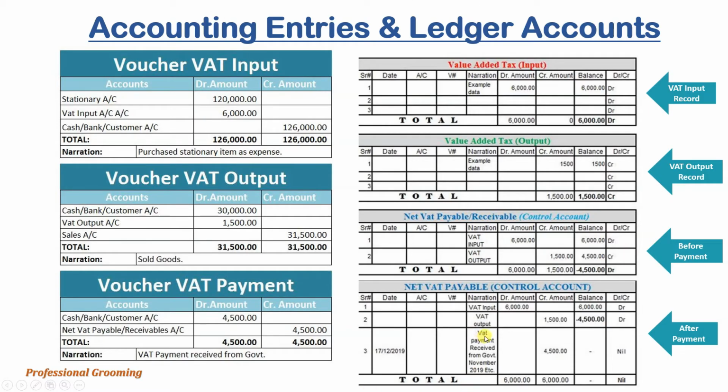If we need to record the receipt for this refund, cash or bank receipt from the government, the net VAT payable receivable account will be credited by 4,500. As you can see here, in our net VAT payable control account, VAT input account 6,000, VAT output account 1,500, VAT payment received from the government for a certain period of time will be credit 4,500.